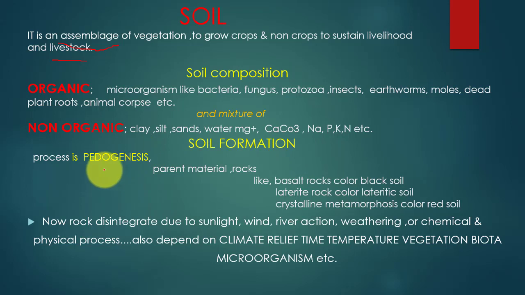It is known as pedogenesis. Pedogenesis is the process by which soil forms, from parent material rocks. If the parent material is basalt rock, it gives black soil. Laterite rock gives lateritic soil, and crystalline metamorphic rock gives red soil.